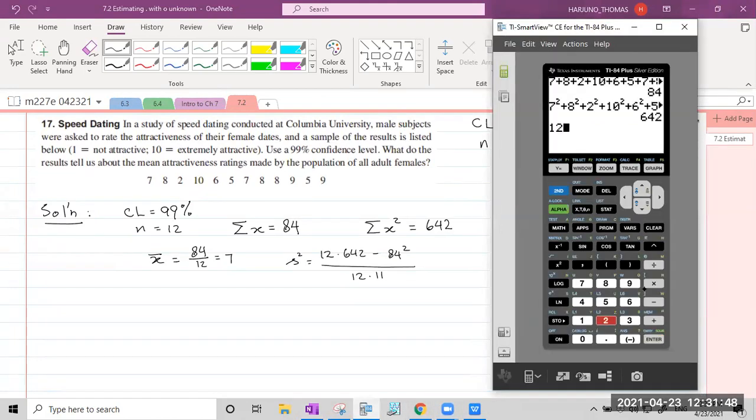That's 12 times 642 minus 84 squared. That's 648 divided by the product of 12 times 11.